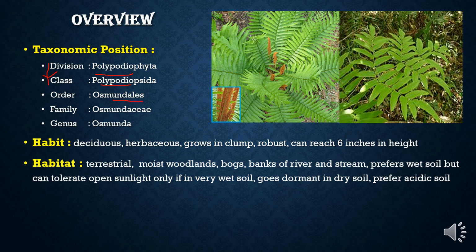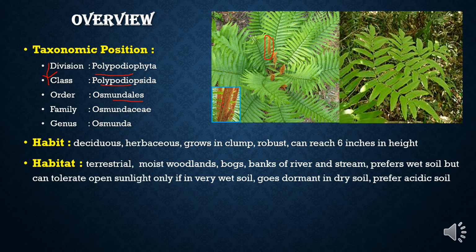The sporangia are unprotected. Here in this picture we see the non-foliar leaves, the fertile leaves that bear spores. If you zoom in, you will be able to see that the sporangia are borne in a row along the non-foliar leaf.